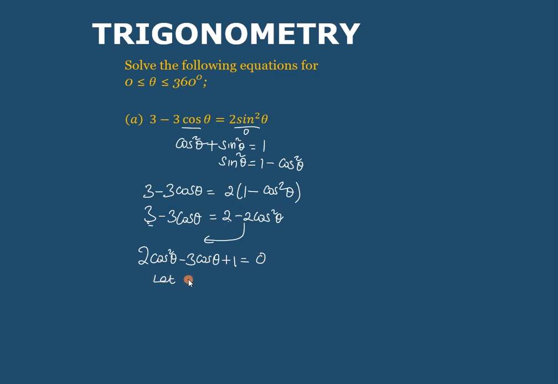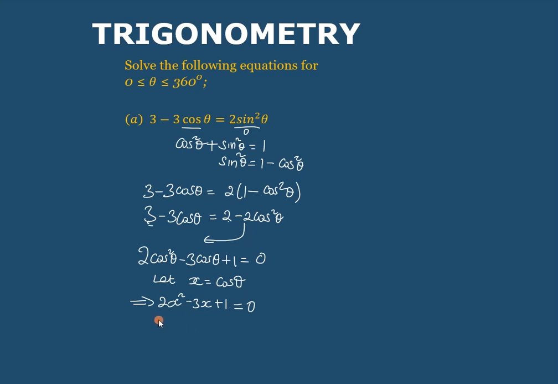We shall select x equal to cos theta. This will imply that 2x squared minus 3x plus 1 equal to 0. We shall now solve for x and we substitute it back.